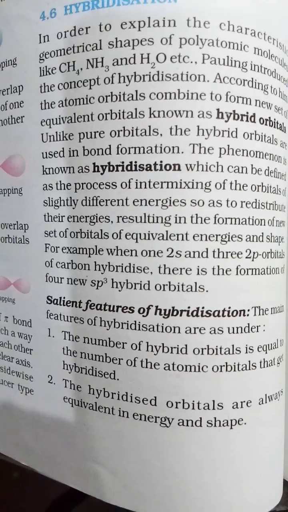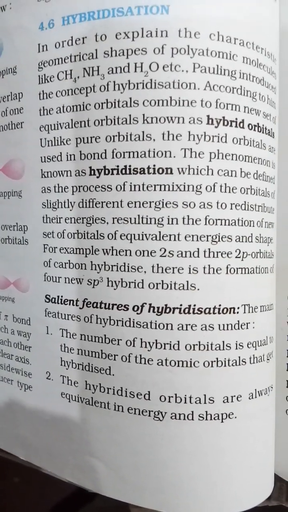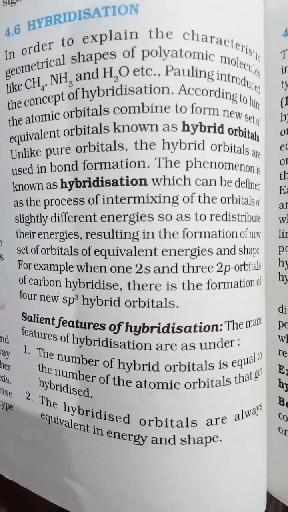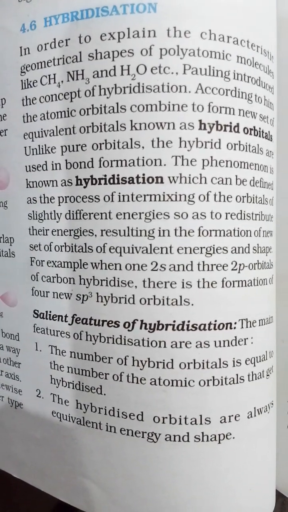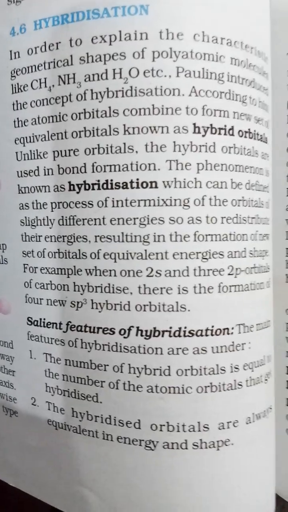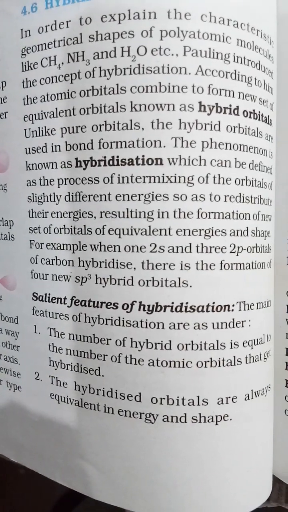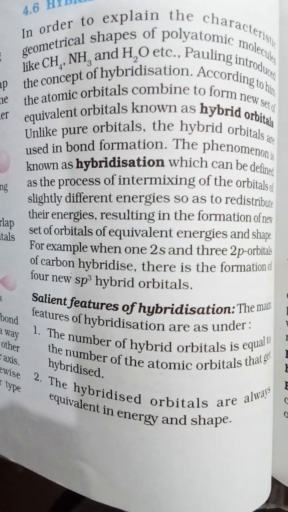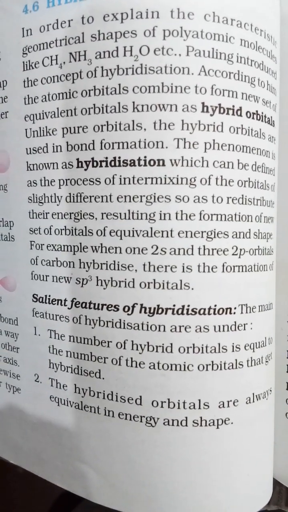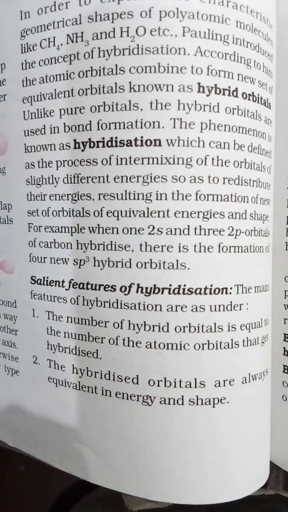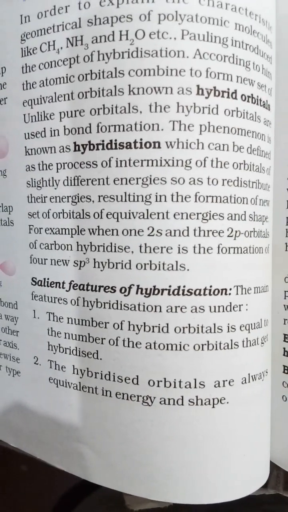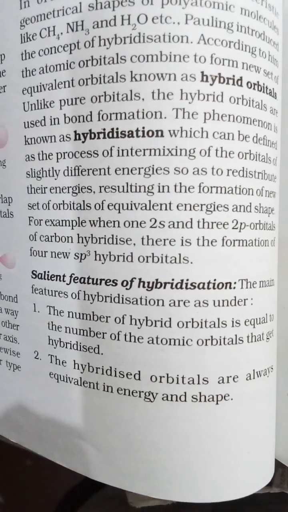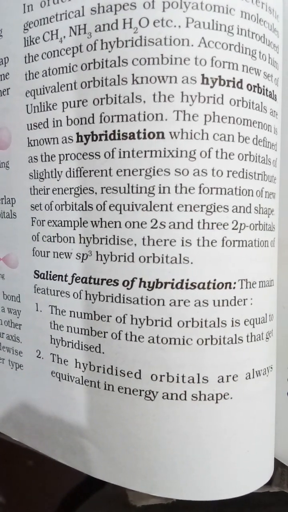The phenomenon is known as hybridization, which can be defined as the process of intermixing of orbitals of slightly different energies so as to redistribute their energies, resulting in the formation of a new set of orbitals of equivalent energies and shape. For example, when the 2s and 2p orbitals of carbon hybridize, there is the formation of four new sp3 hybrid orbitals.